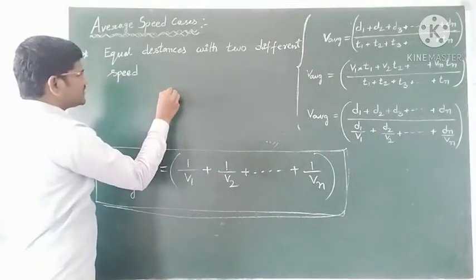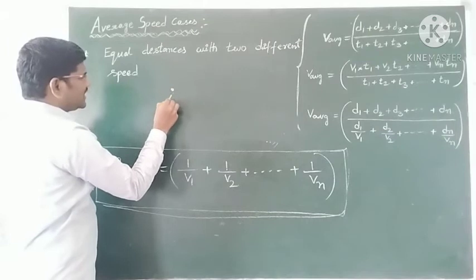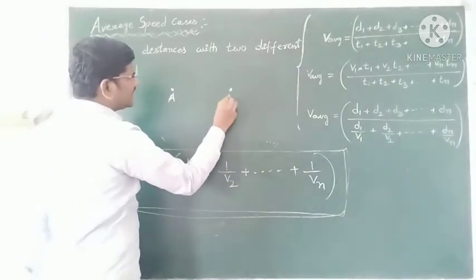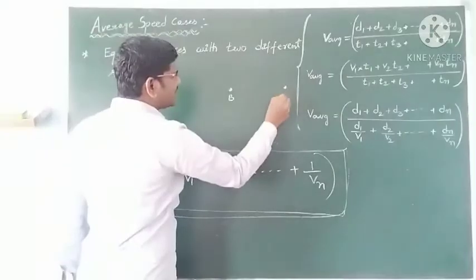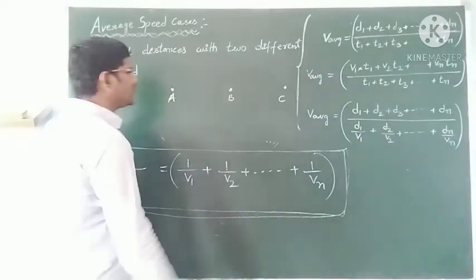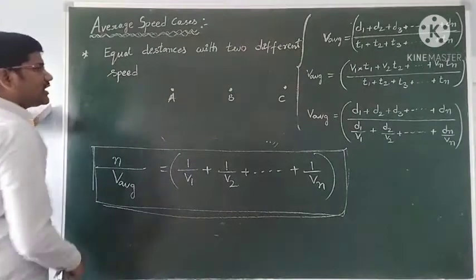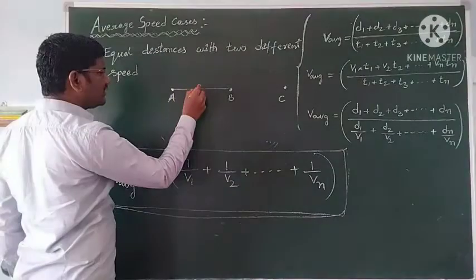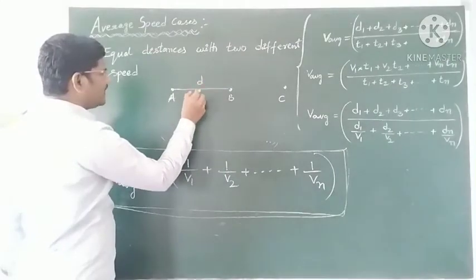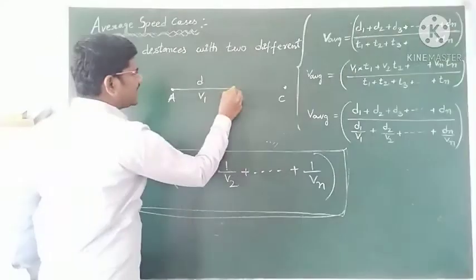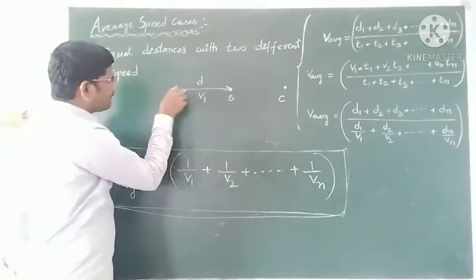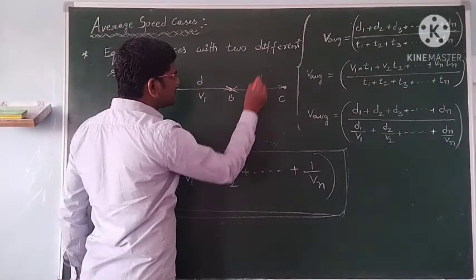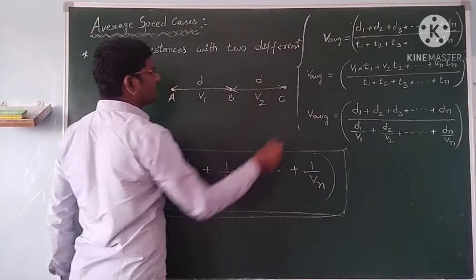See students, this is a point, let it be A, this is another point, let it be B, and this is another point, let it be C. Okay students, so A to B distance is D and the maintained speed is V1, and B to C distance is D, speed is V2.